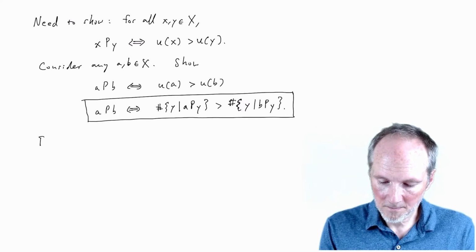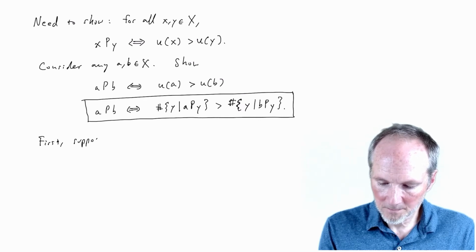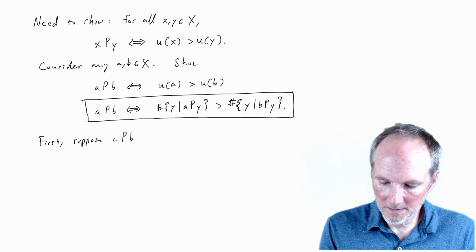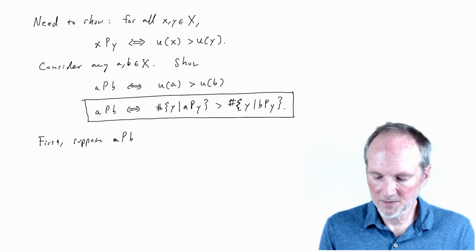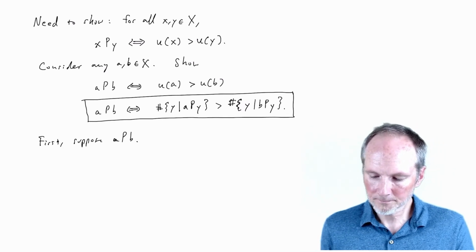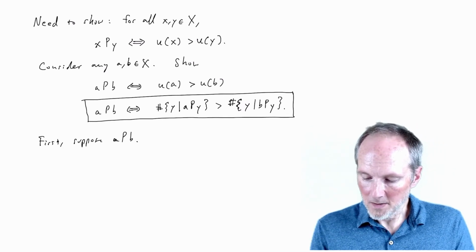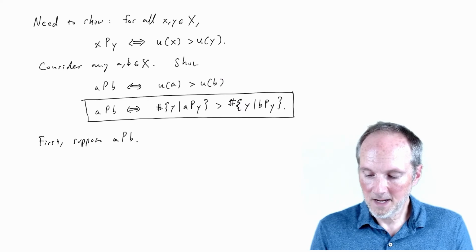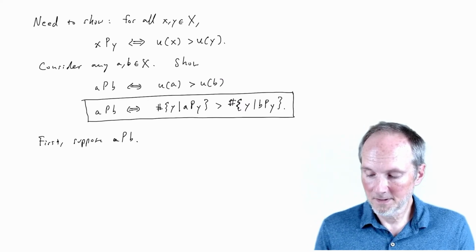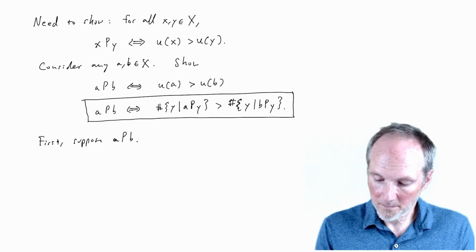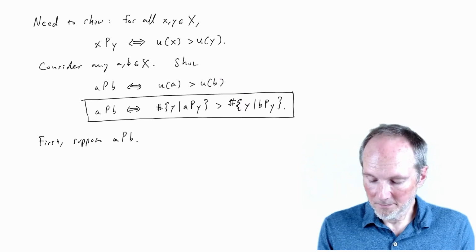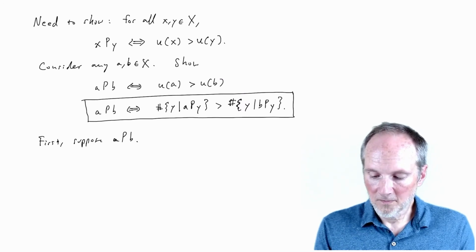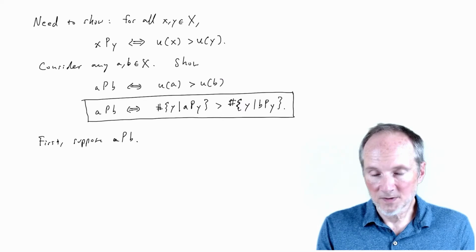So first, let's suppose that A is strictly better than B. We need to show that there are more elements that are worse than A than there are elements worse than B. How am I going to do that? Well, there's going to be two steps.